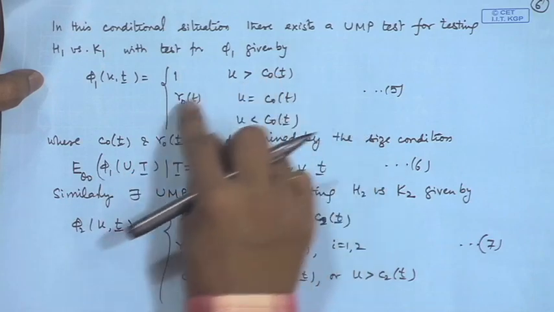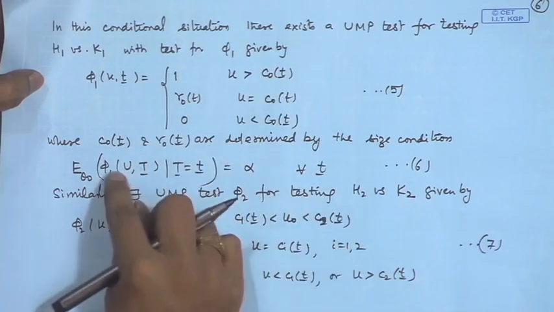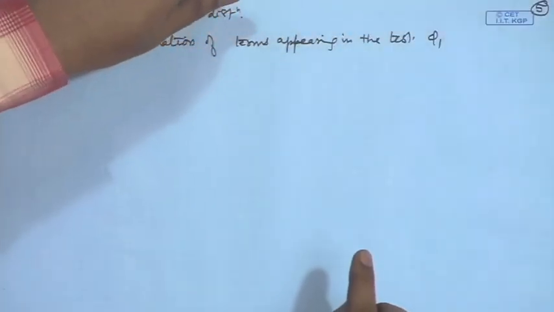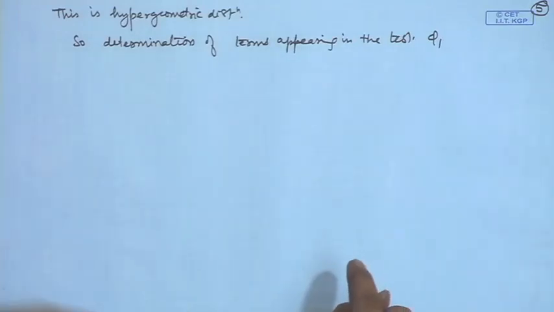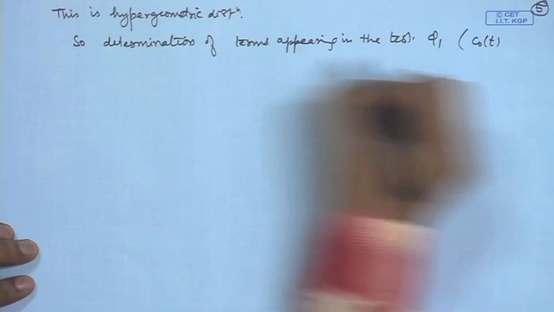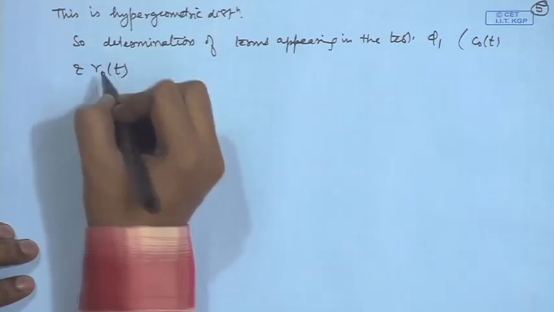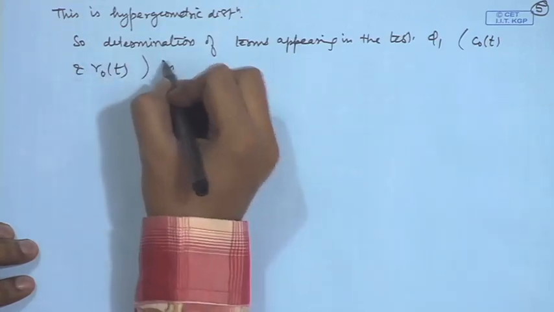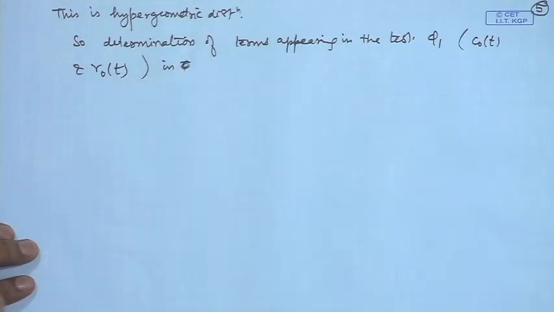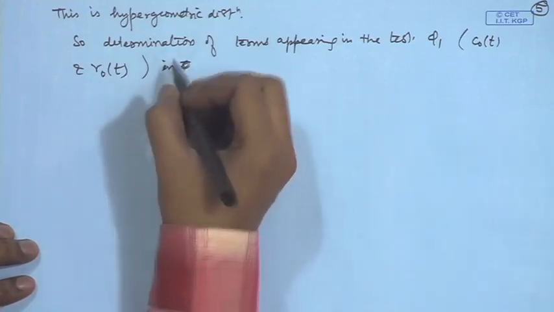And c naught and gamma naught were determined from this size condition. Now, here the conditional distribution of X given T has been obtained as the hypergeometric distribution. That means, c naught(t) and gamma naught(t), we have given equation number 6, but I do not have to refer to it again.